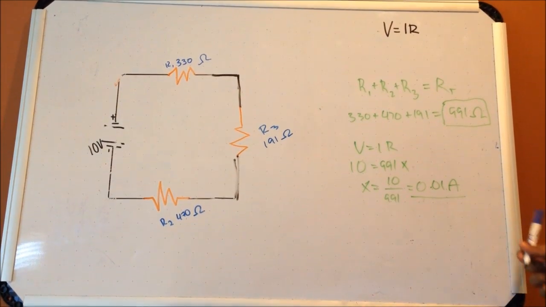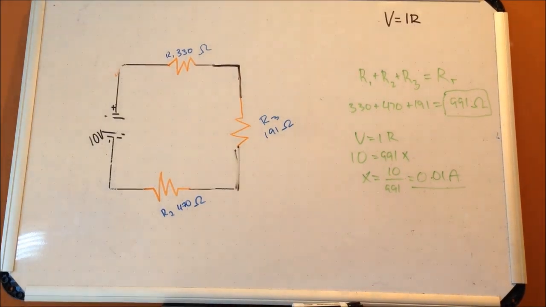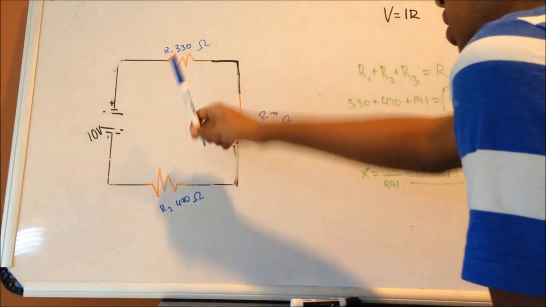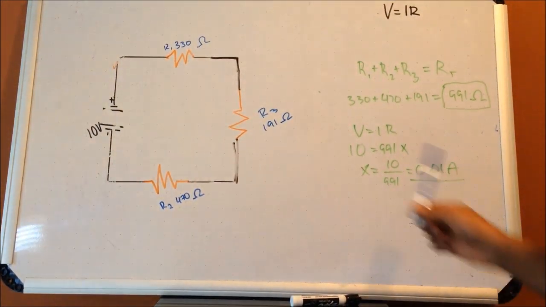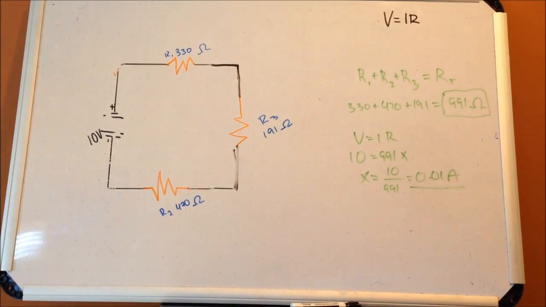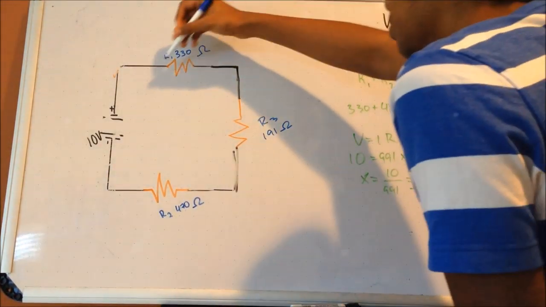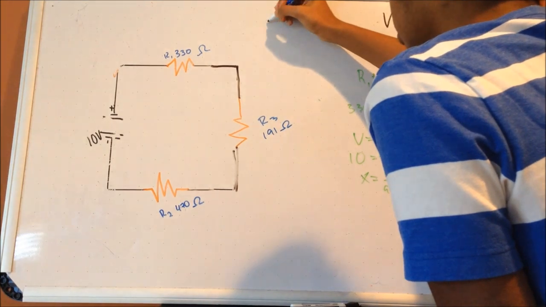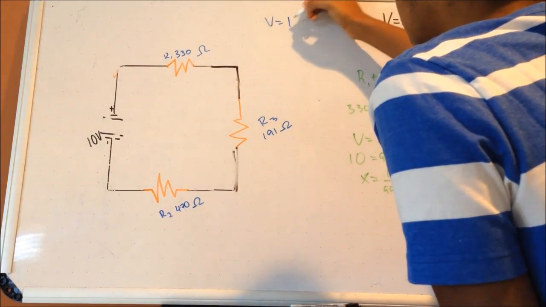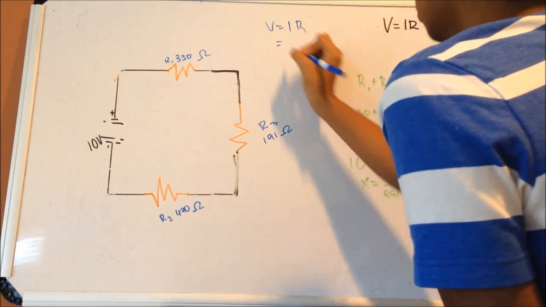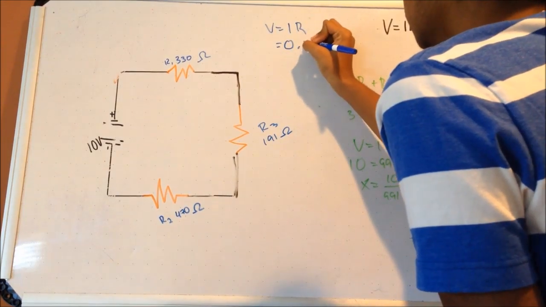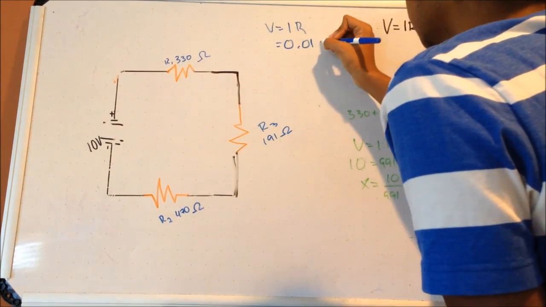Okay, now since we found the total current, we can find the voltage across R1 and R2, because in a series circuit, current stays the same. So let's find the voltage across this. V equals IR. So the current is 0.01 and the resistance is 330.